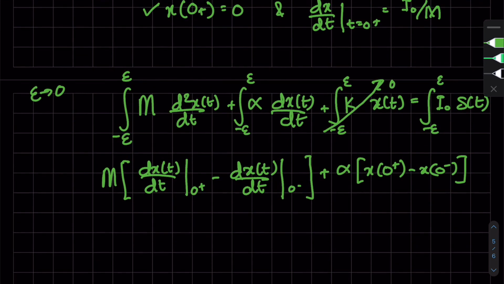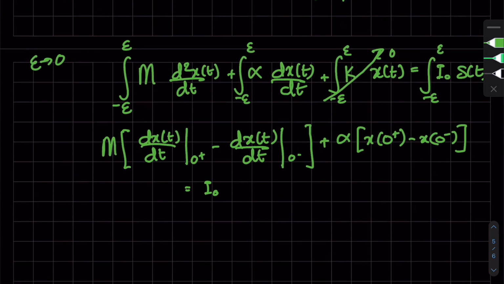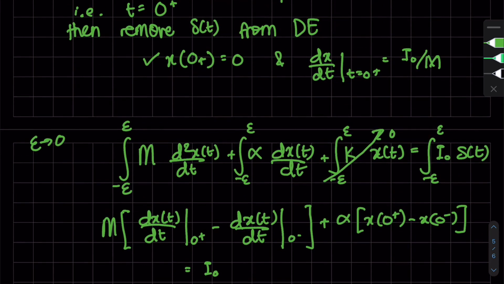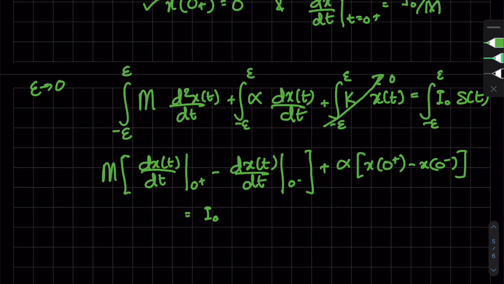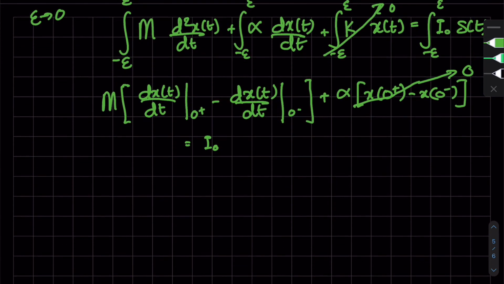The delta, by the property of being a delta, integrates to 1, so we're just left with I naught. Well, for the sake of continuity, we found what x at 0 plus was and x at 0 minus was. This is 0 again for continuity reasons. The particle can't just jump trajectories like that.